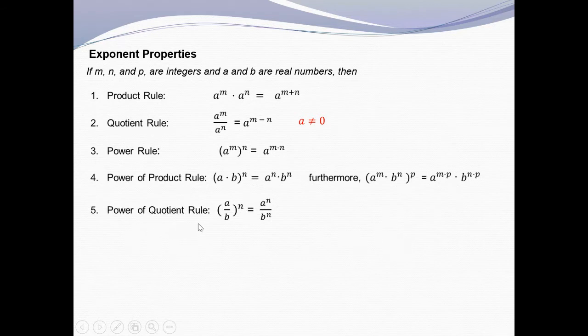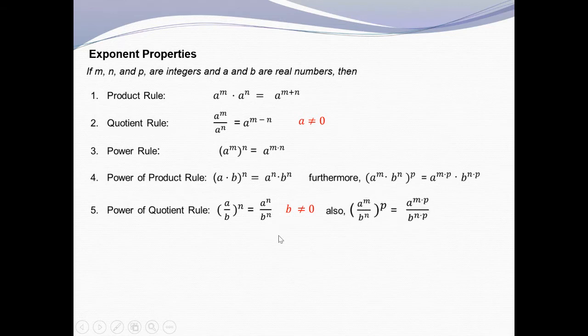This is called the power of quotient rule. If you have (a divided by b) raised to the nth power, then again it's going to be a^n divided by b^n. And b cannot be 0 because if b is equal to 0, then this expression is undefined.